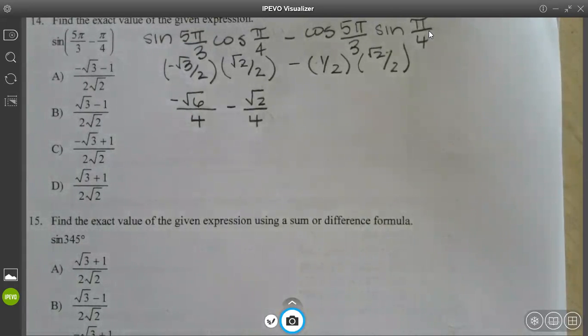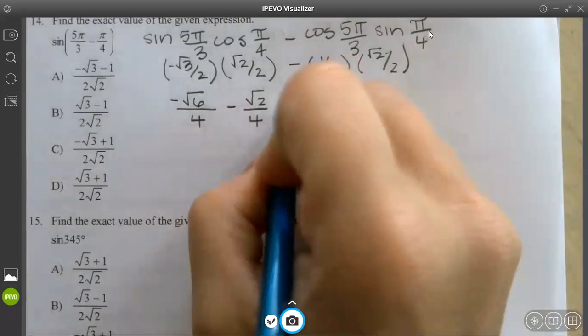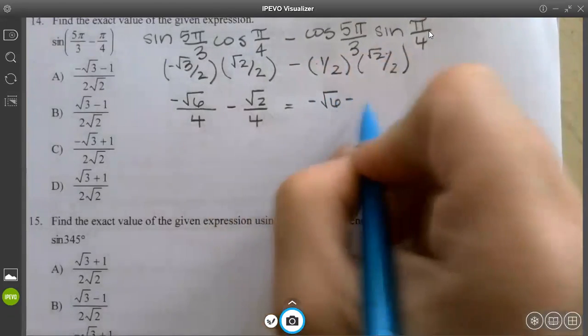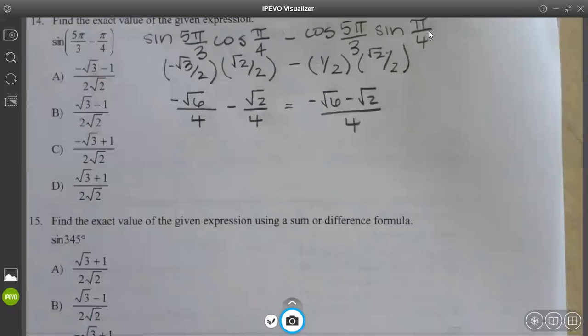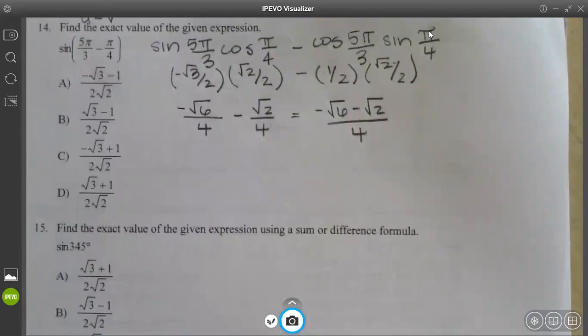But it doesn't look like any of these. That's because you gotta simplify it. Divide by two. Do I have to? Yes.